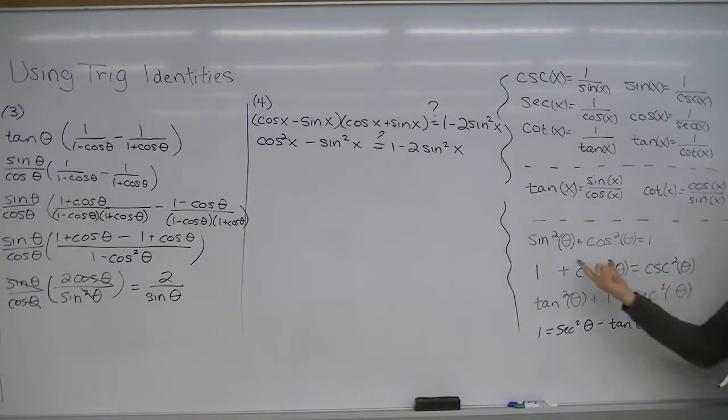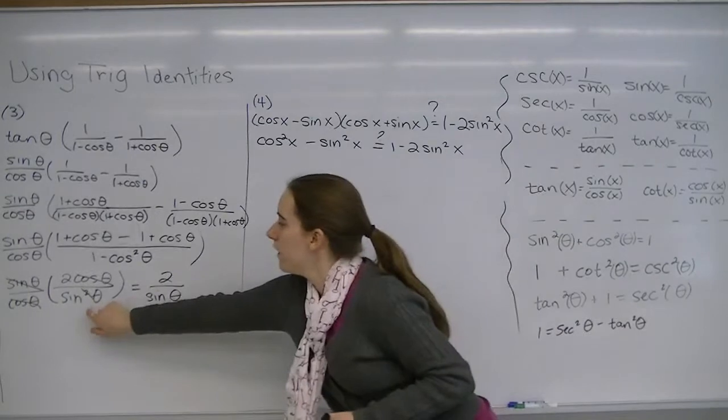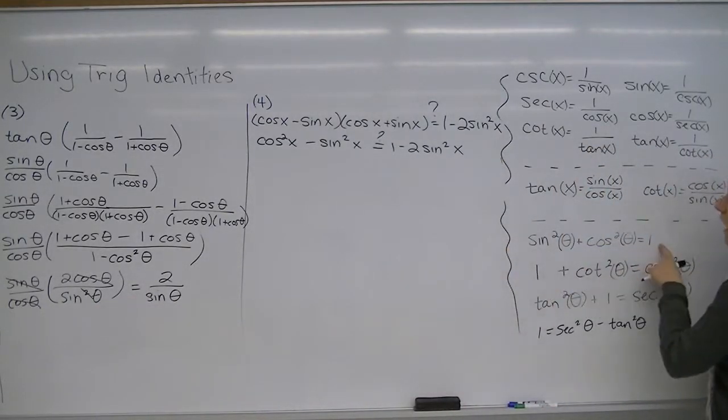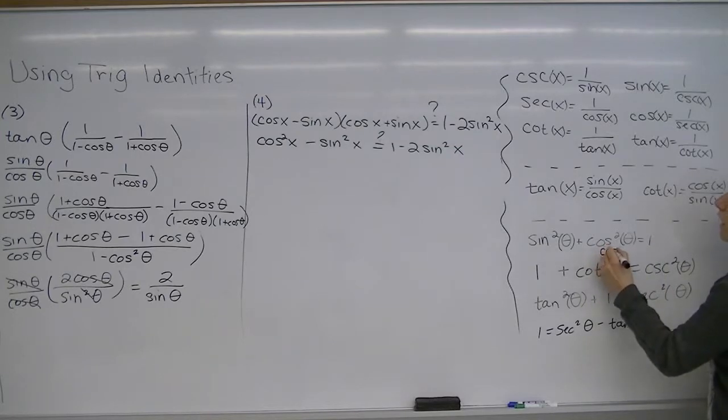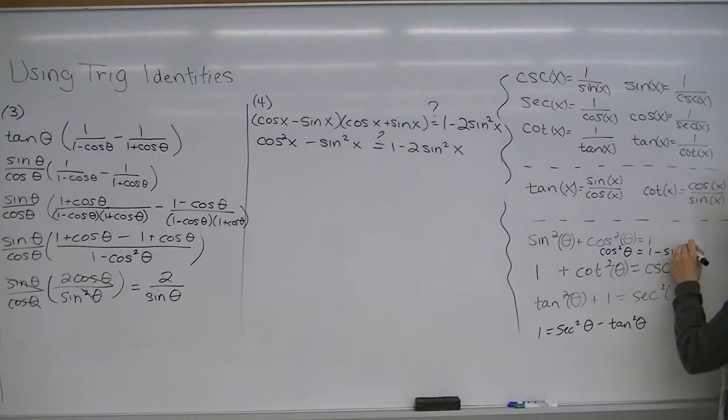So just like I did before where I solved for sine squared for this piece here, I can move the sine squared to the other side, and I'm going to get that cosine squared of theta is equal to 1 minus sine squared of theta. Just by moving this to the other side.